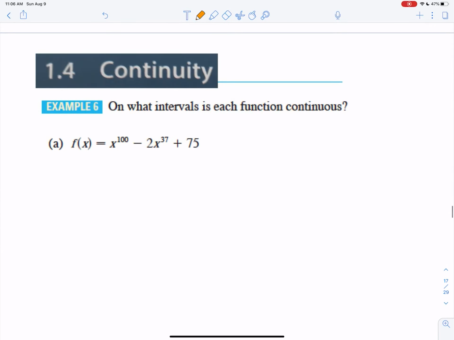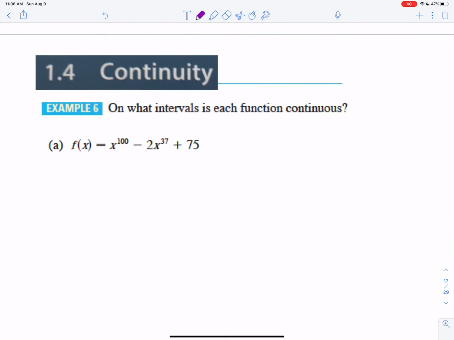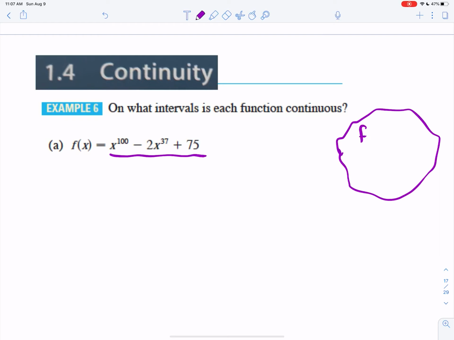So look, here's example 6. Play when you're ready, but write this down. On what intervals is each function continuous? So here they give us a function. So let's approach it this way. You look at this function and you ask yourself, I'll do a little thought bubble, are there fractions? Are there square roots?